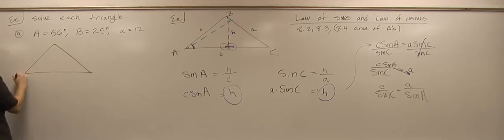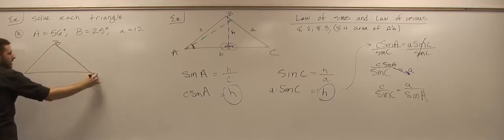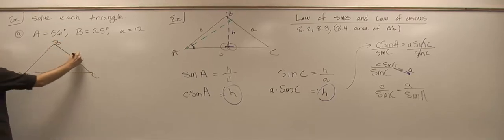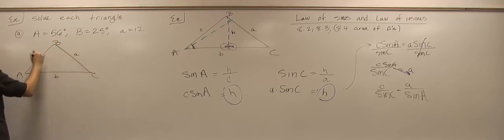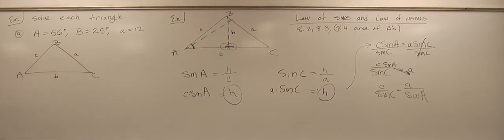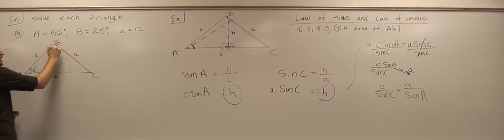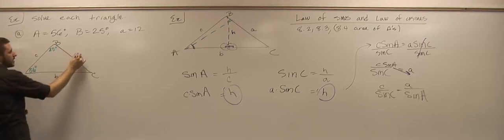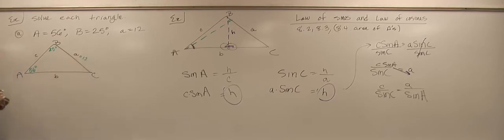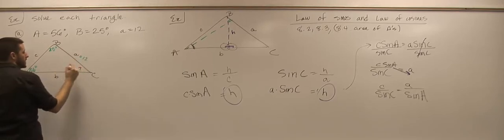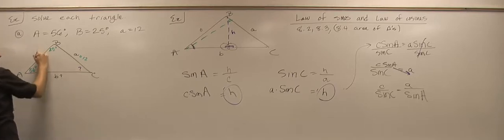So here's A, B, C. Remember, opposite side lengths you label with the lowercase letters. And then what I know is A is 56 degrees, B is 25 degrees, and little a is equal to 12. So what I don't know is big C, little b, little c.